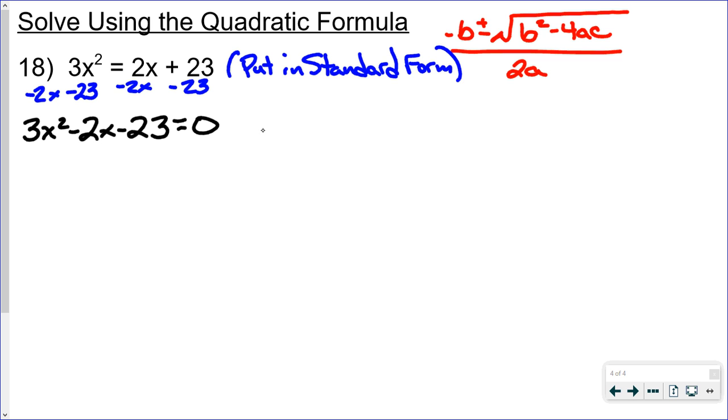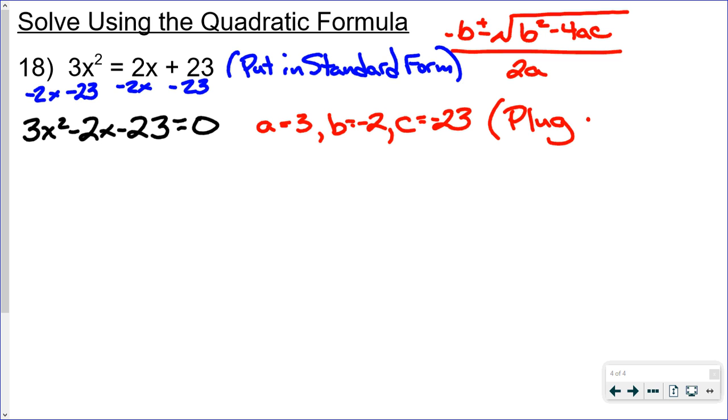So my a value is the coefficient of x squared, which is 3. My b value is the coefficient of x, which is -2. And my c value is equal to -23. And now I'm going to plug these into the formula.